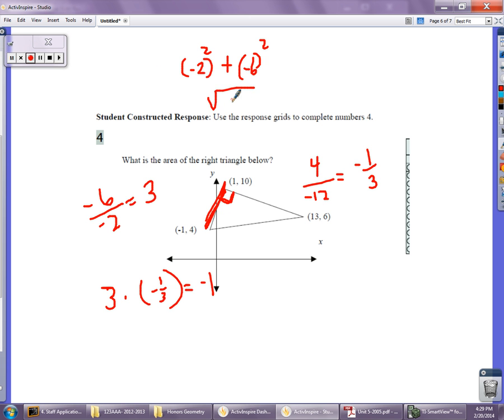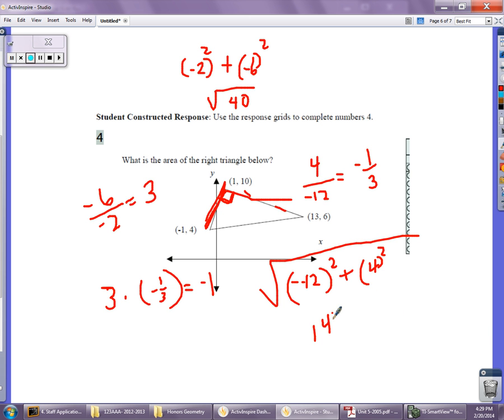So this has a distance of root 40. This would have a distance of 1 minus 13, which would be negative 12 squared, plus 10 minus 6, which is 4 squared. So you get 144 plus 16, which is 160, root 160.